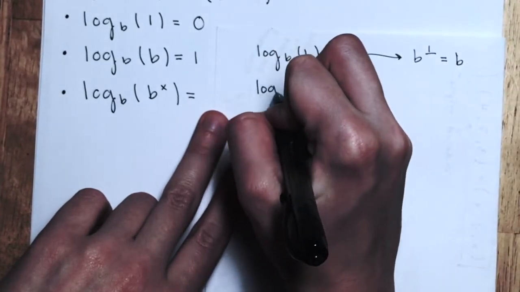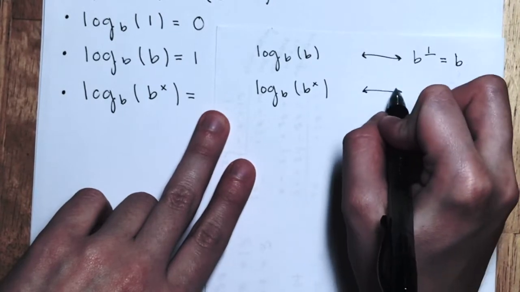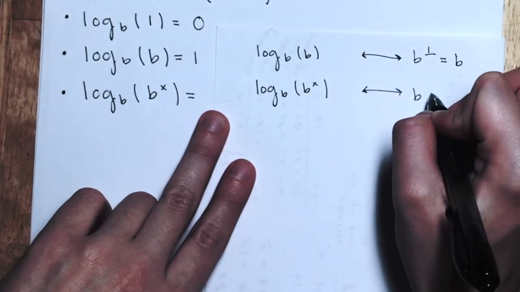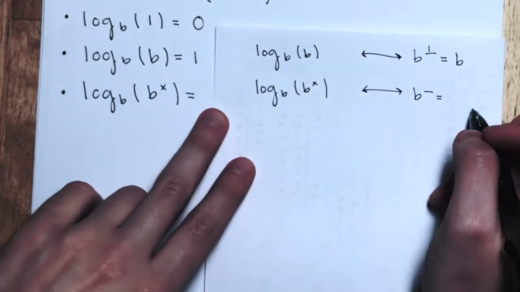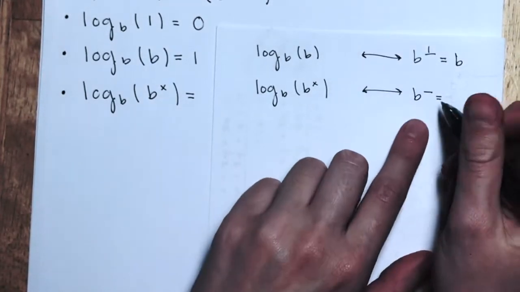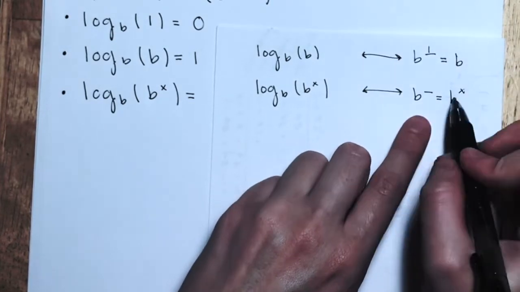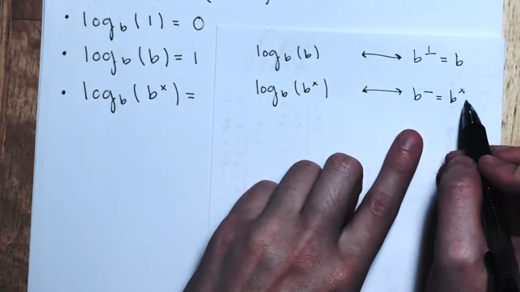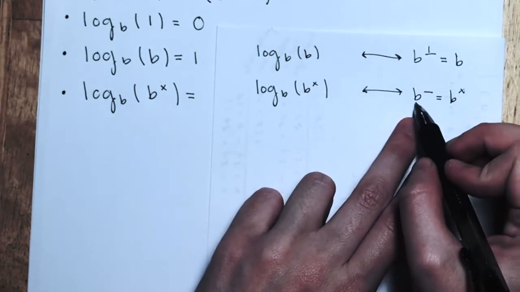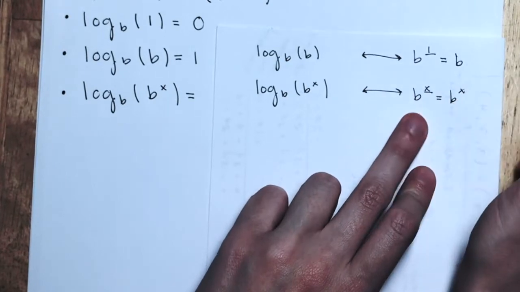So log base b of b to the x, let's think about this in terms of flopping to exponential form. So b to the what is equal to b to the x? Well, this is just x, right?